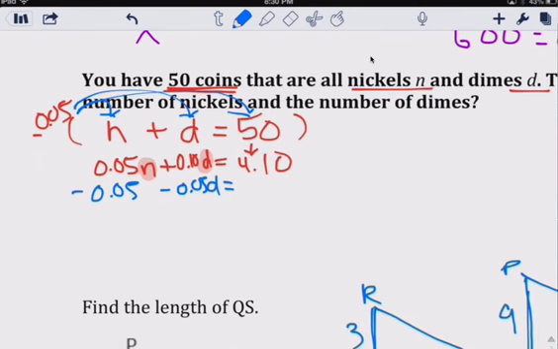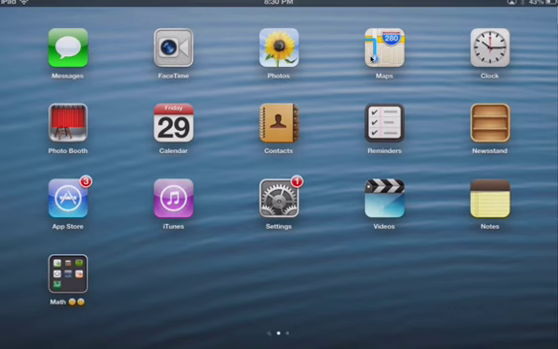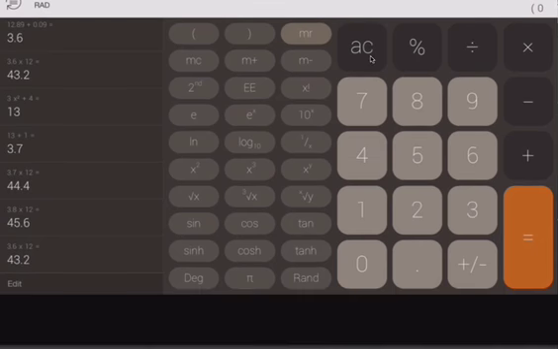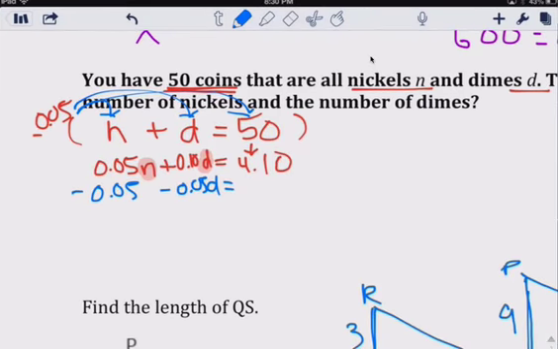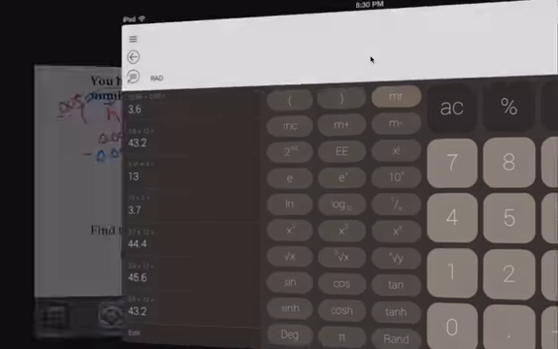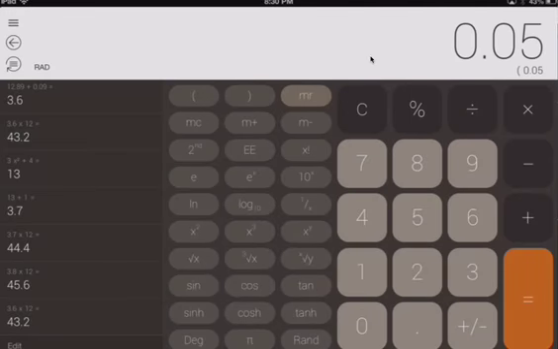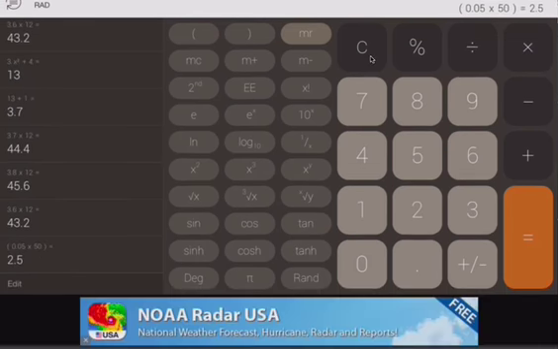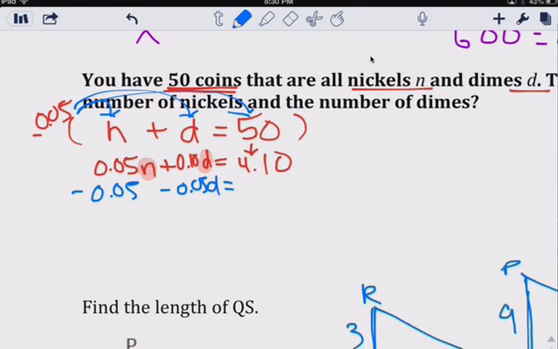I know it's 2.50. Where's the calculator? I want to make sure, because even though I know in my head what it should be, 0.05 times 50, a lot of you do $2.50. You do things in your head and you get it wrong, like I do. So try not to. This is the big test.